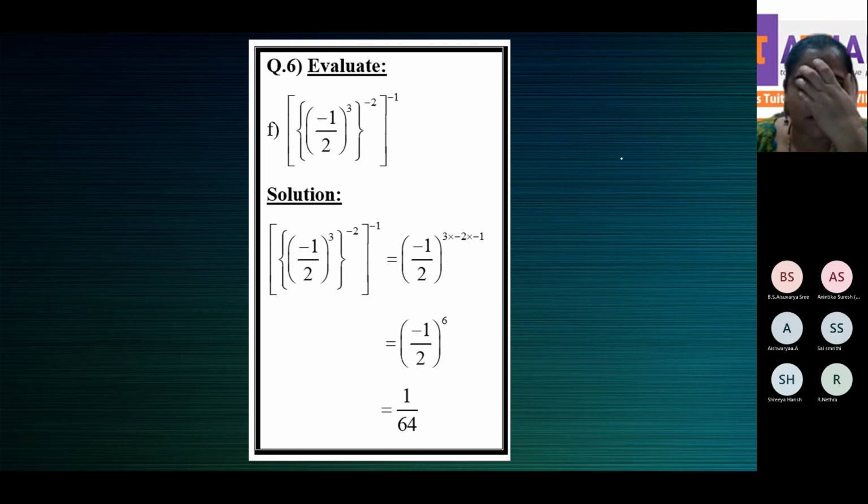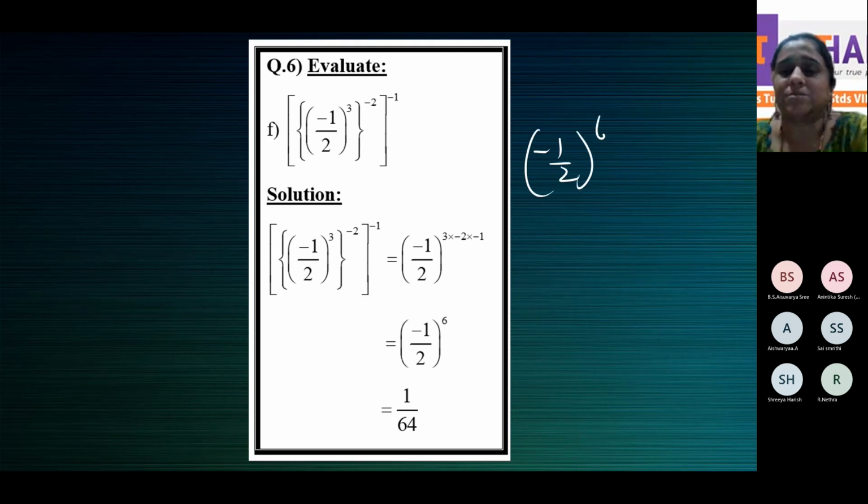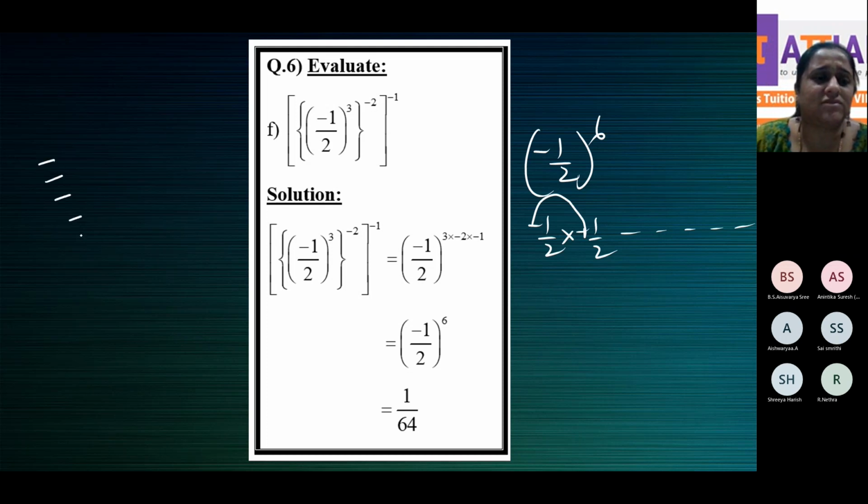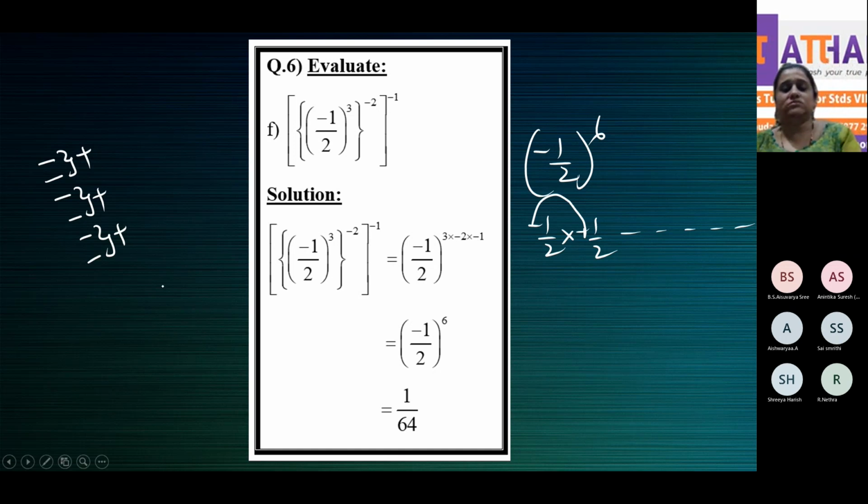Am I clear, Sai Smriti? Yes, ma'am. So minus 1 by 2, the whole power 6, means minus 1 by 2 into minus 1 by 2, like this 6 times. So 6 times you will get the minus sign, so it will become plus. Minus into minus is plus, minus into minus is plus, and it's plus now.